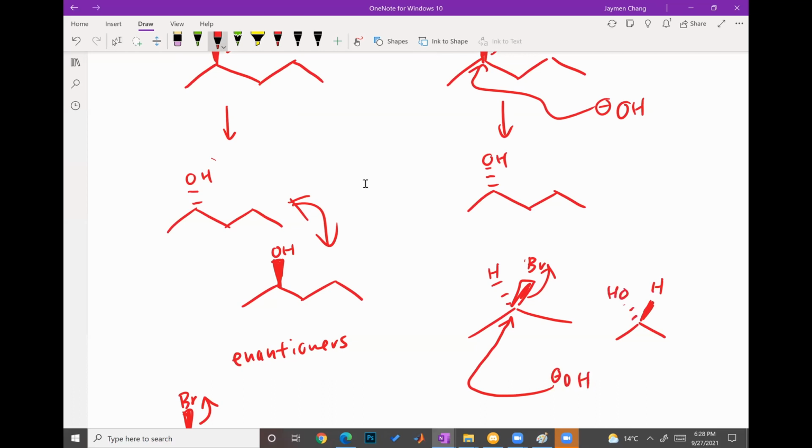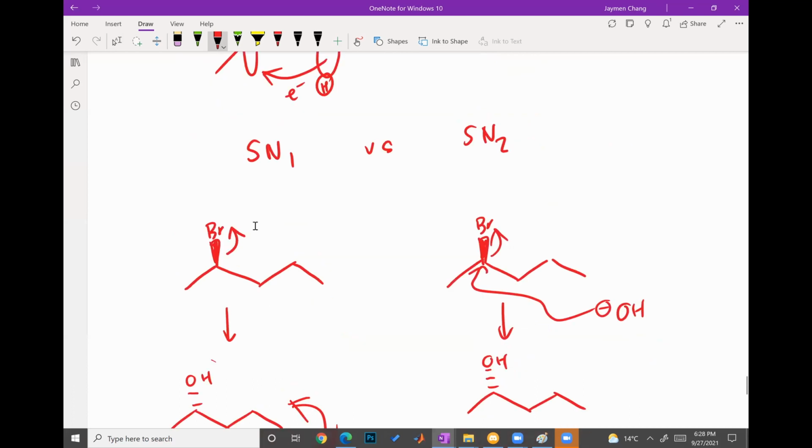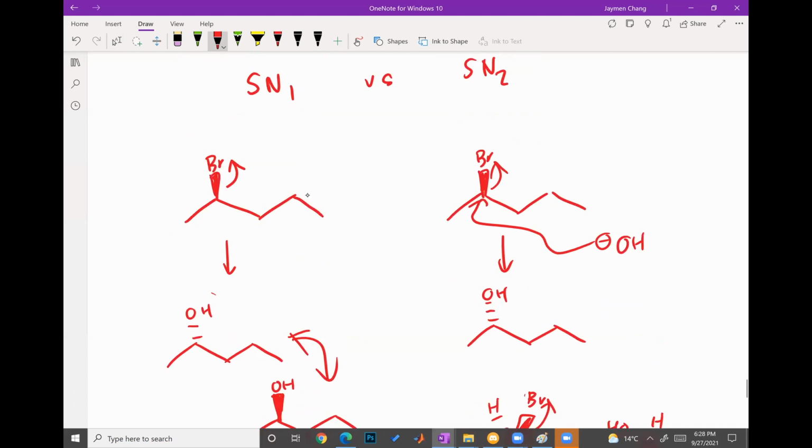So the difference between SN2 and SN1 is that SN1 is stepwise, and it goes through a carbocation. And SN2 is concerted, and concerted basically means in one step with no carbocation, but it has Walden inversion. And what is Walden inversion?